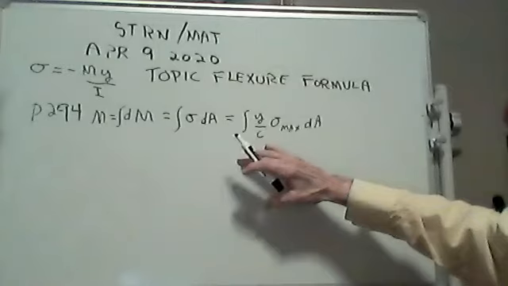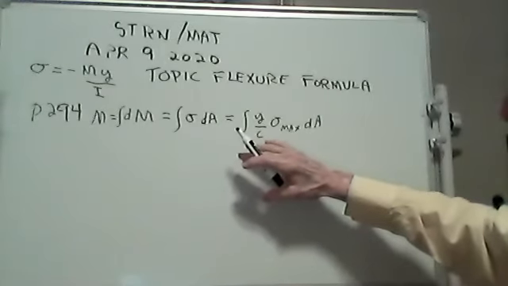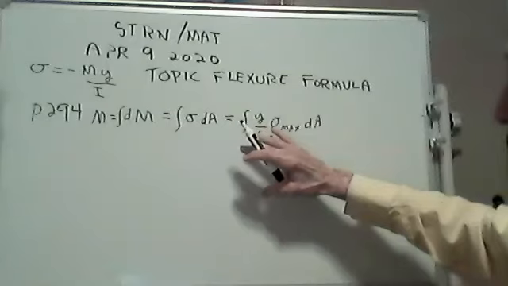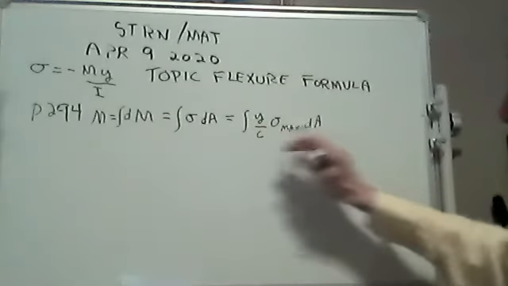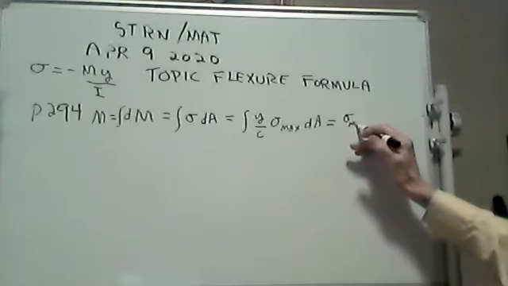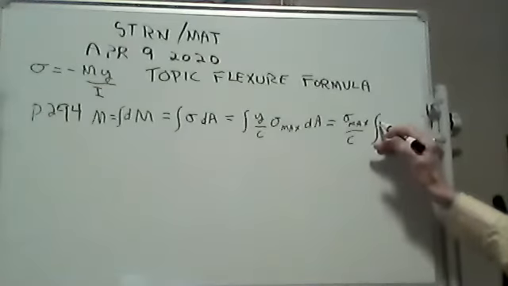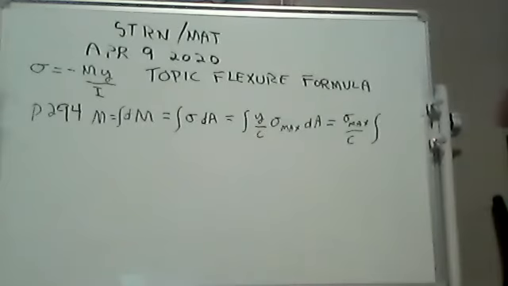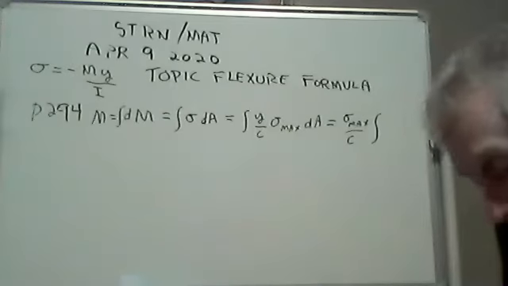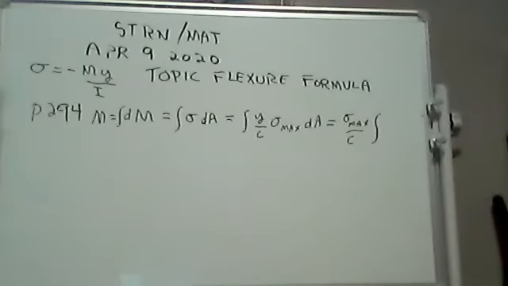Okay, now here's what we're going to do. We're going to take out the constants. Now, the maximum normal stress is a constant, and C is a constant, and you get. Now, just a minute. Now, I'm getting fouled up. Let me double check everything here.